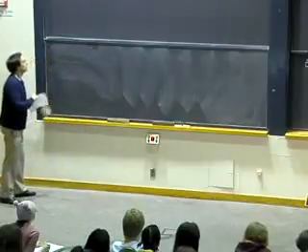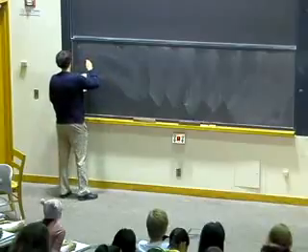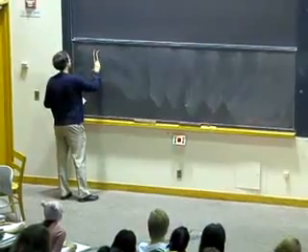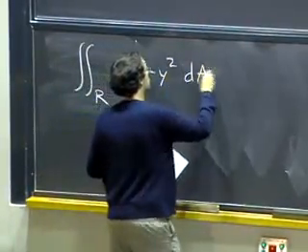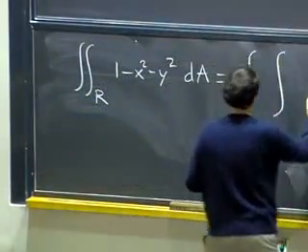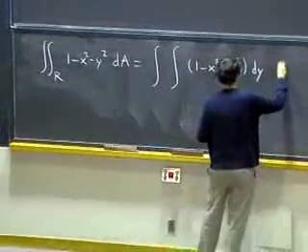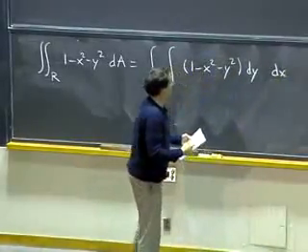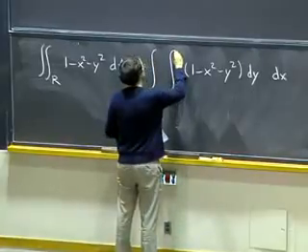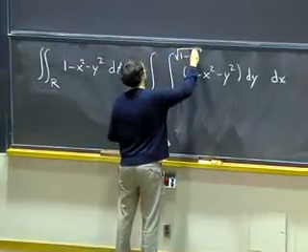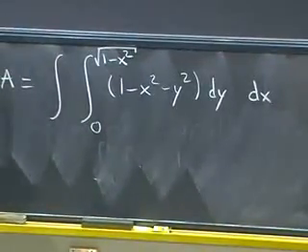I claim that we'll write this as an iterated integral, first dy, then dx. And we said for a fixed value of x, the range for y is from 0 to square root of 1 minus x squared. What about the range for x?